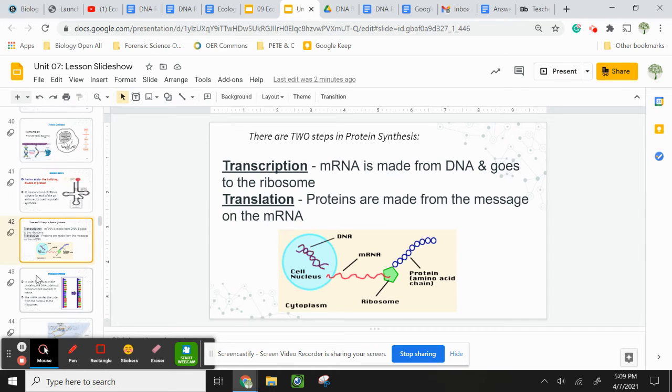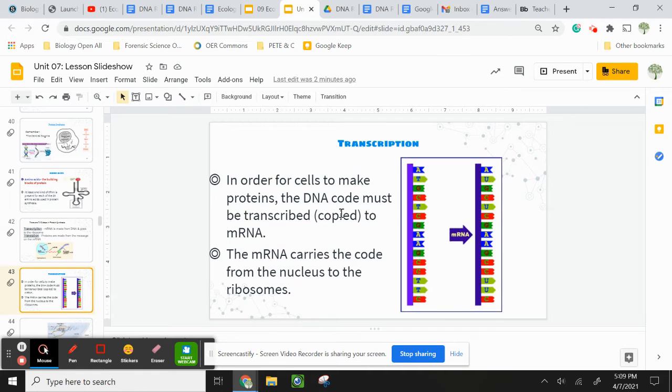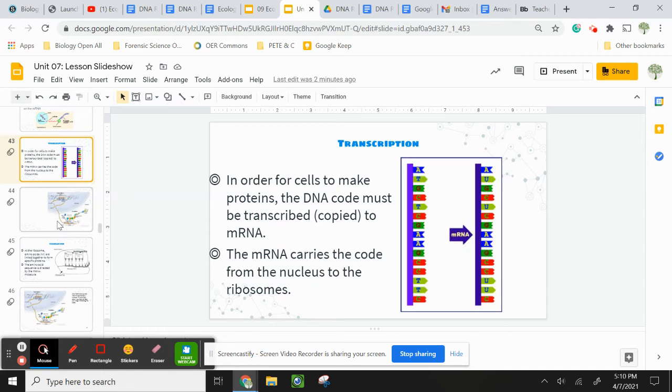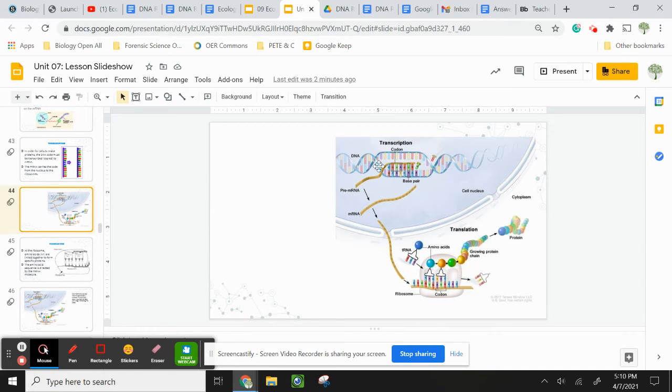So, during transcription in the nucleus of the cell, the message that is coded on the DNA is going to be transcribed, which is a fancy word for copied, onto the strand of messenger RNA. Once that messenger RNA has been created, the code can leave the nucleus and go out into the cytoplasm looking for a ribosome. Here's another picture of this. You've got your nucleus right here.